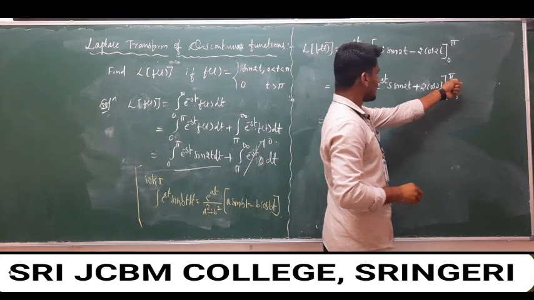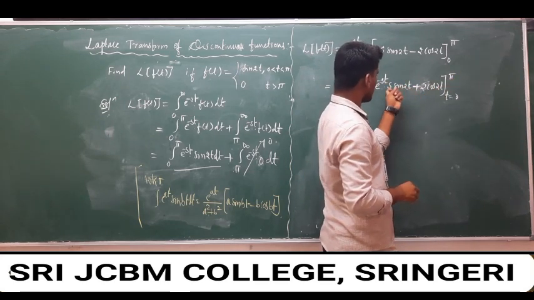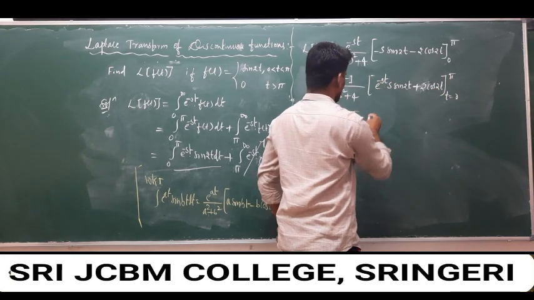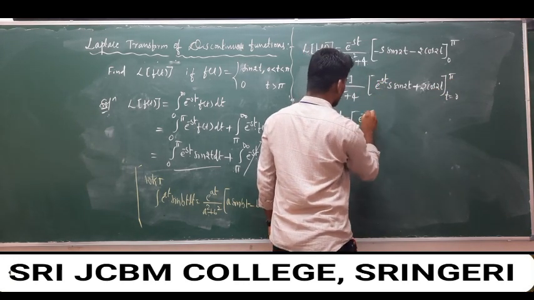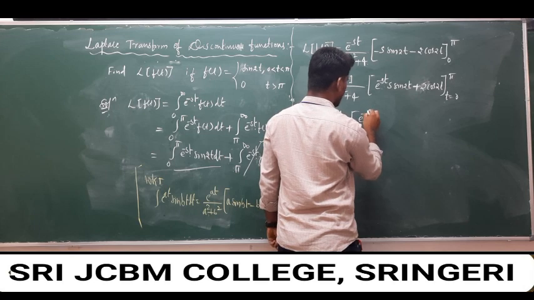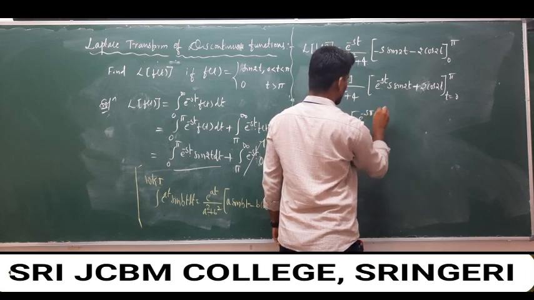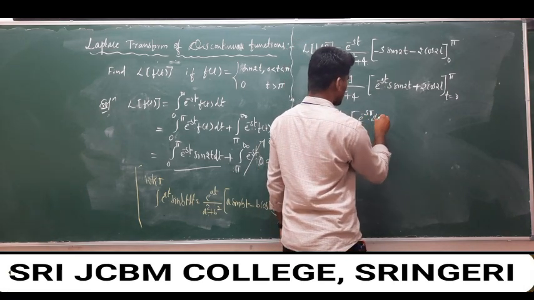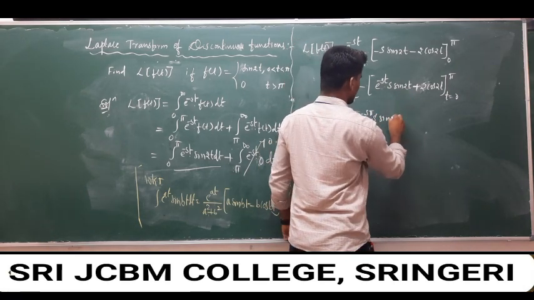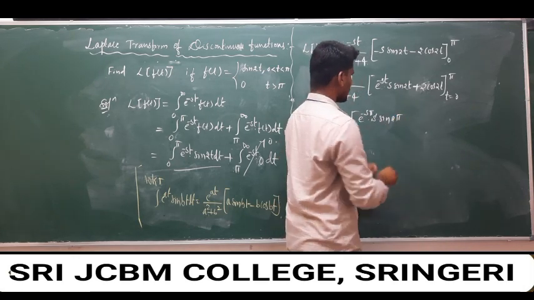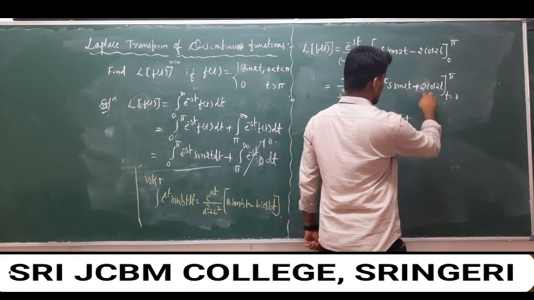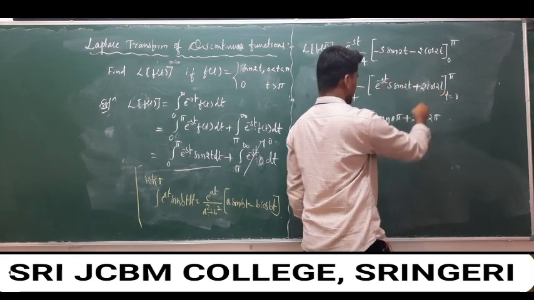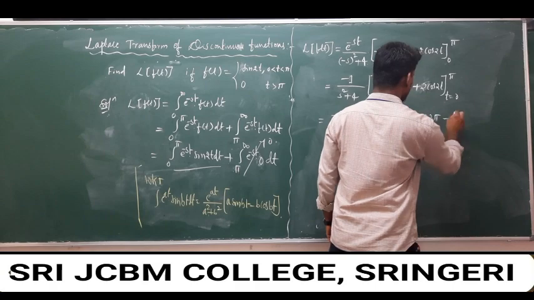First we apply the upper limit, when t is equal to pi: e^(-s pi) times s sin 2 pi plus 2 times cos 2 pi.